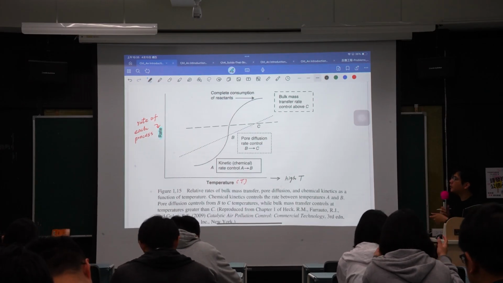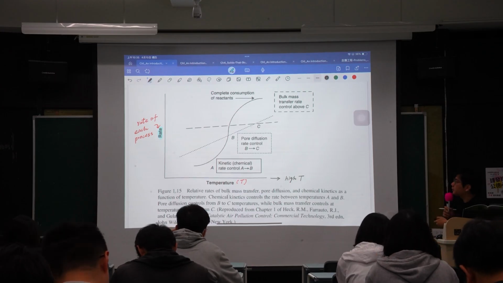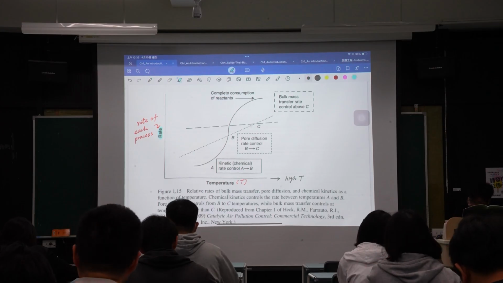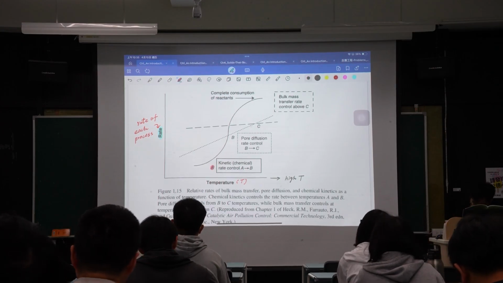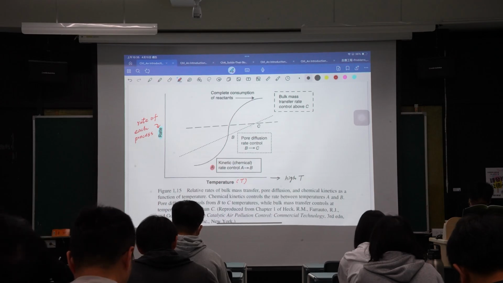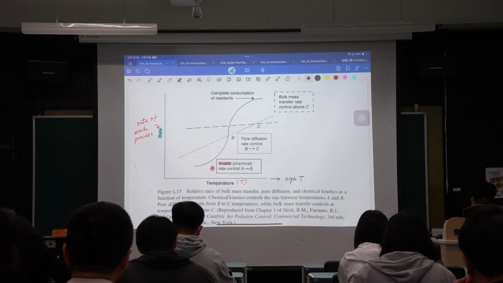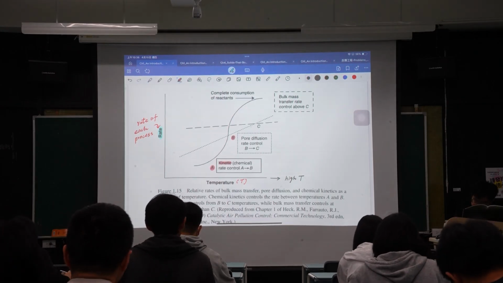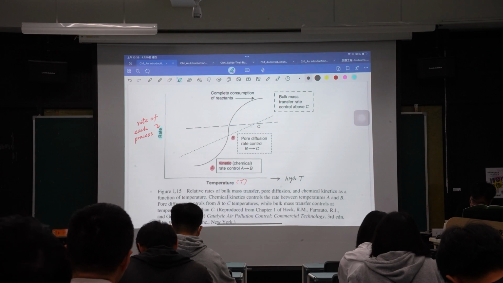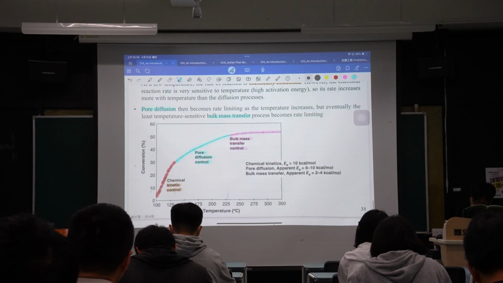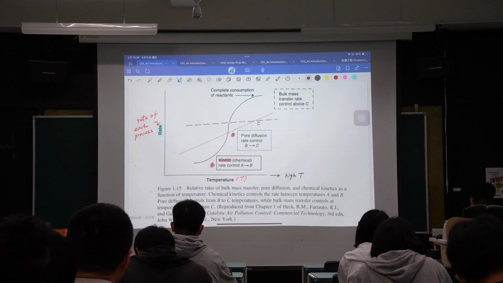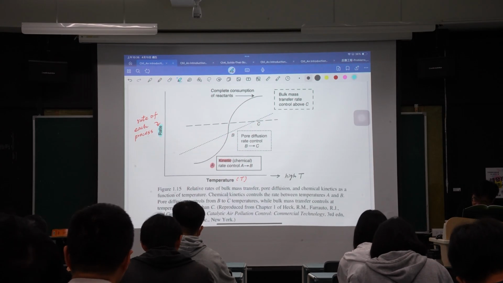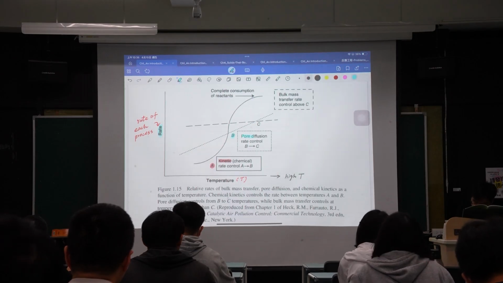So from the rate versus T figure, there are three processes. The first one, A, is kinetic. B is pore diffusion.